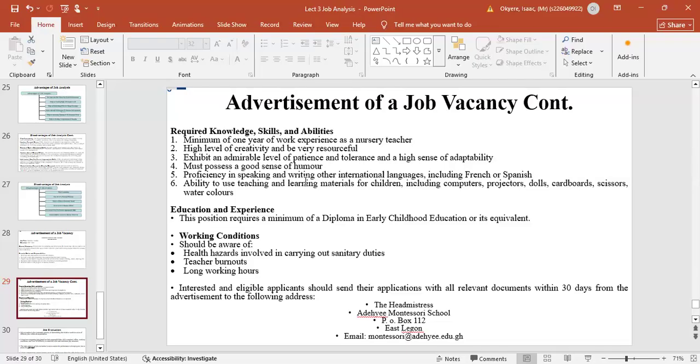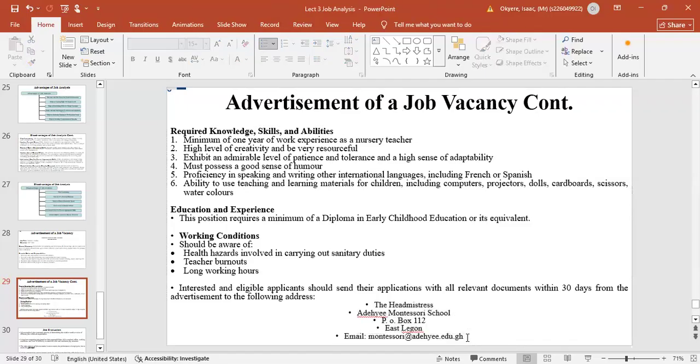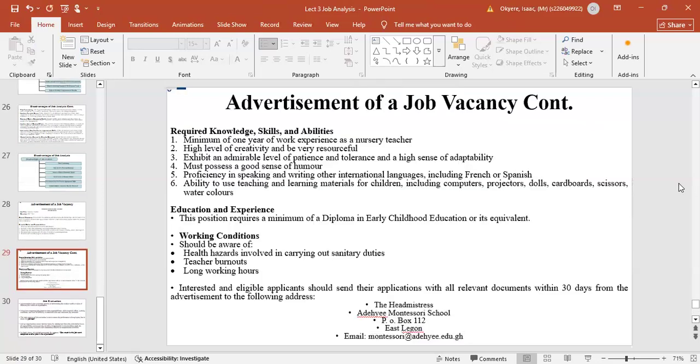That is all the job advert consists of. Then you state your address where applications should be posted to. Any question?